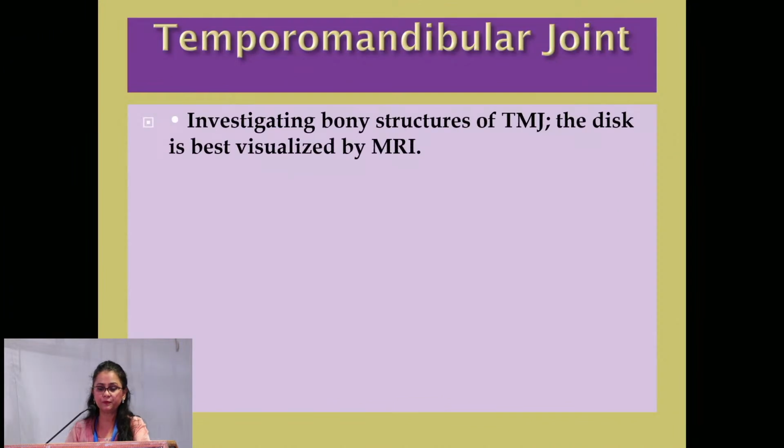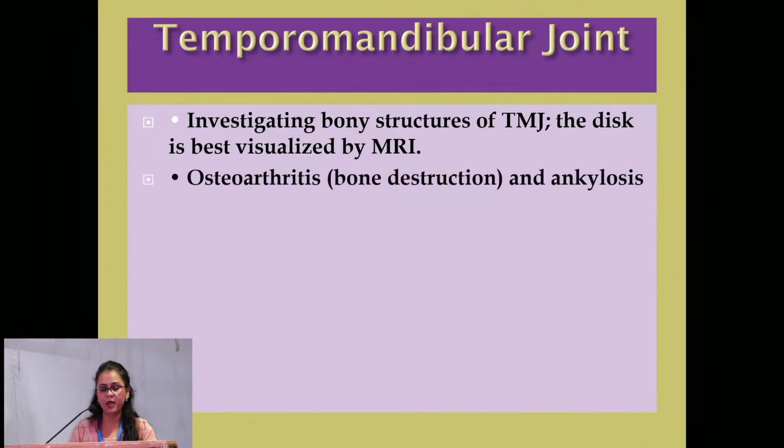TMJ joints: investigation of only the bony structures of the TMJ can be best done by CBCT. The disc is best visualized by MRI. Don't go for CBCT in cases of internal disc displacement, with reduction or without reduction. When you want to see the position of the disc, whether it is anteriorly displaced or posteriorly displaced, go for MRI.